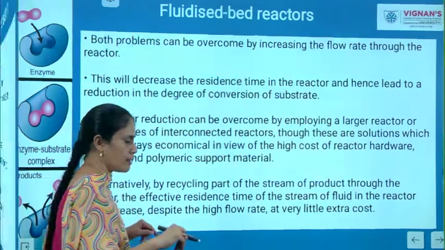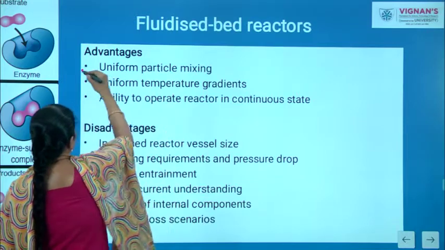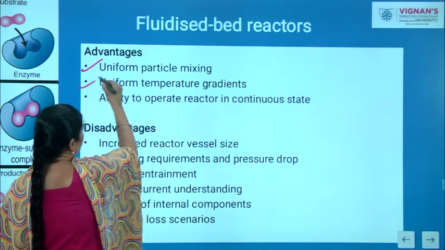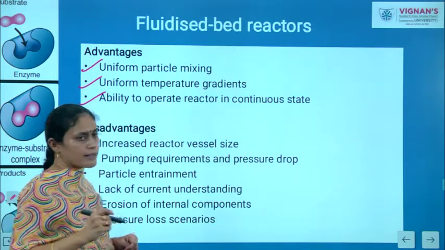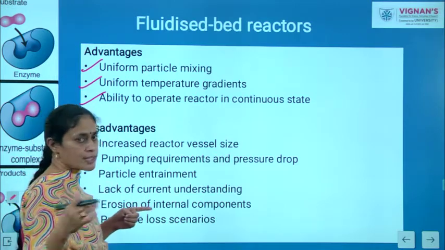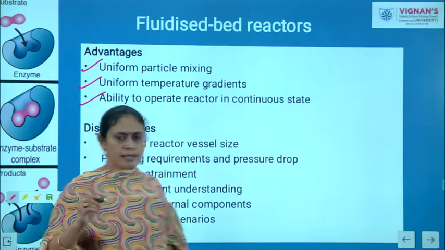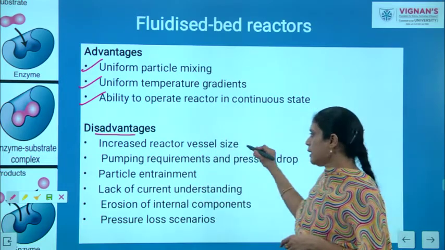reduce the cost and make the process economical. And now coming to the advantages of your fluidized bed reactor, you can get uniform particle mixing, you can have a uniform temperature gradient, along with that the ability to operate reactors in a continuous state is possible with the fluidized bed reactor. And coming to the disadvantages, what are the various disadvantages related to this fluidized bed reactor?